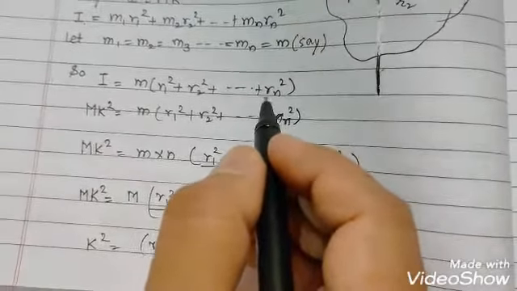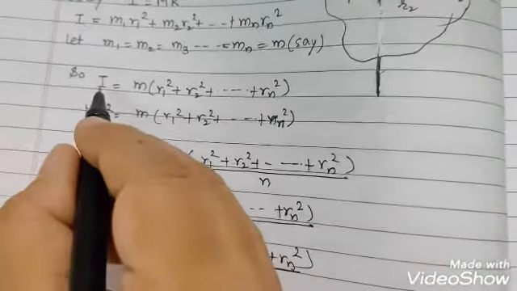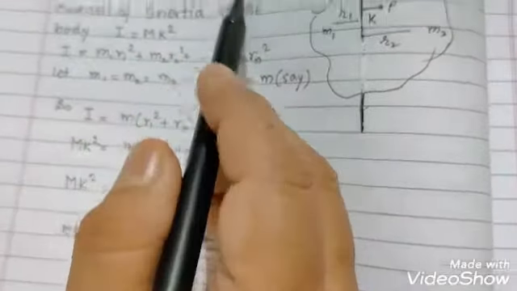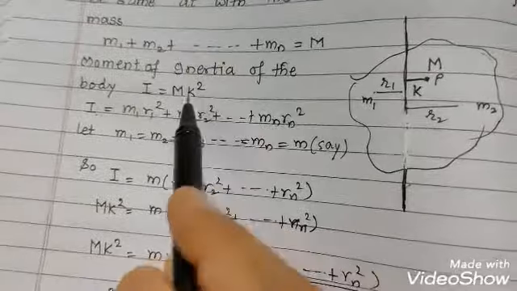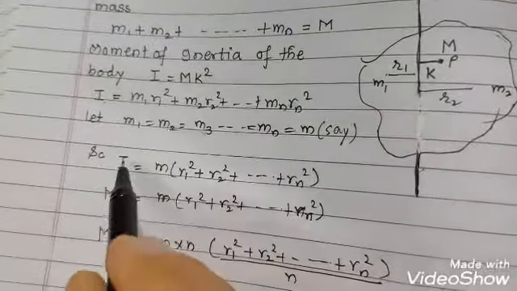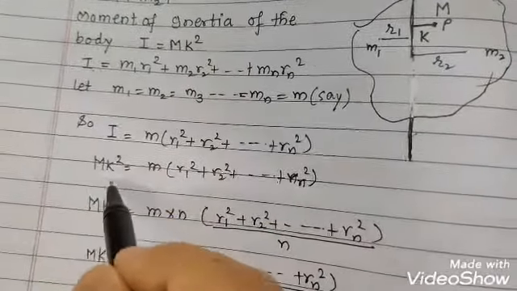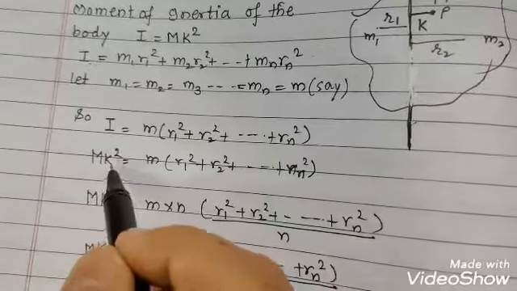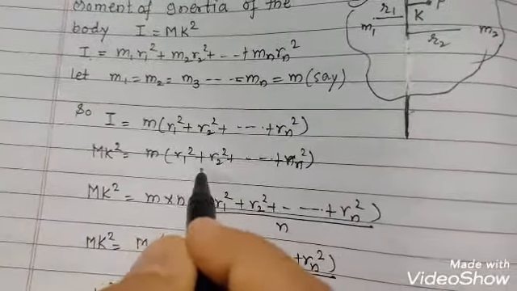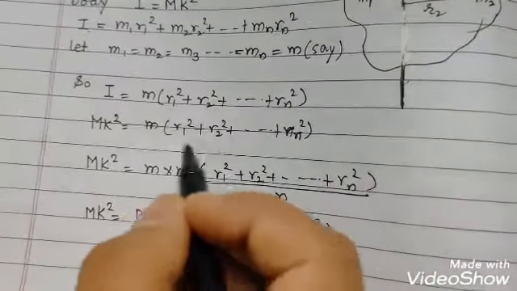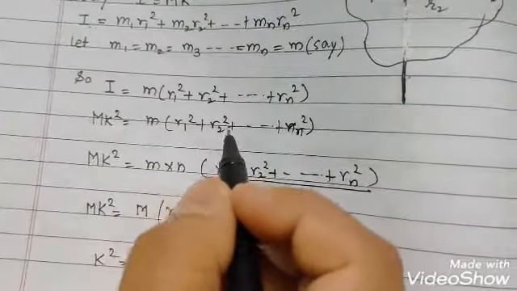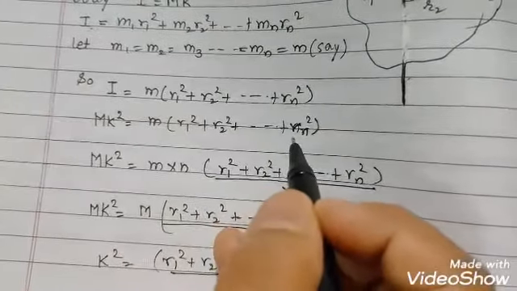Okay, and this I, as I told you, for the radius of gyration we have already defined, we have written the formula Mk square. So I is equal to Mk square, and that is also equal to m times r1 square plus r2 square plus ... plus rn square.